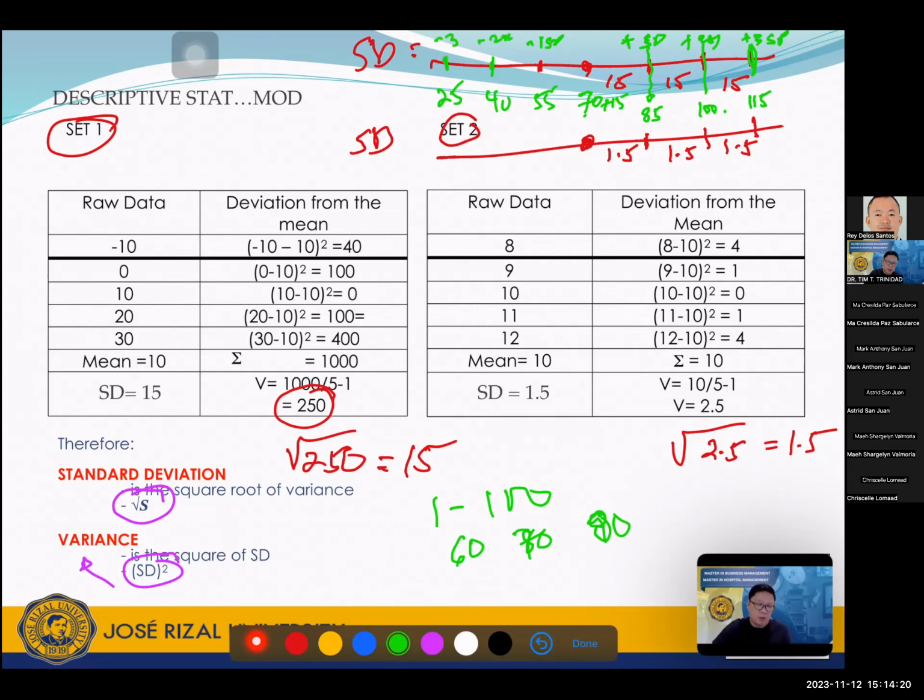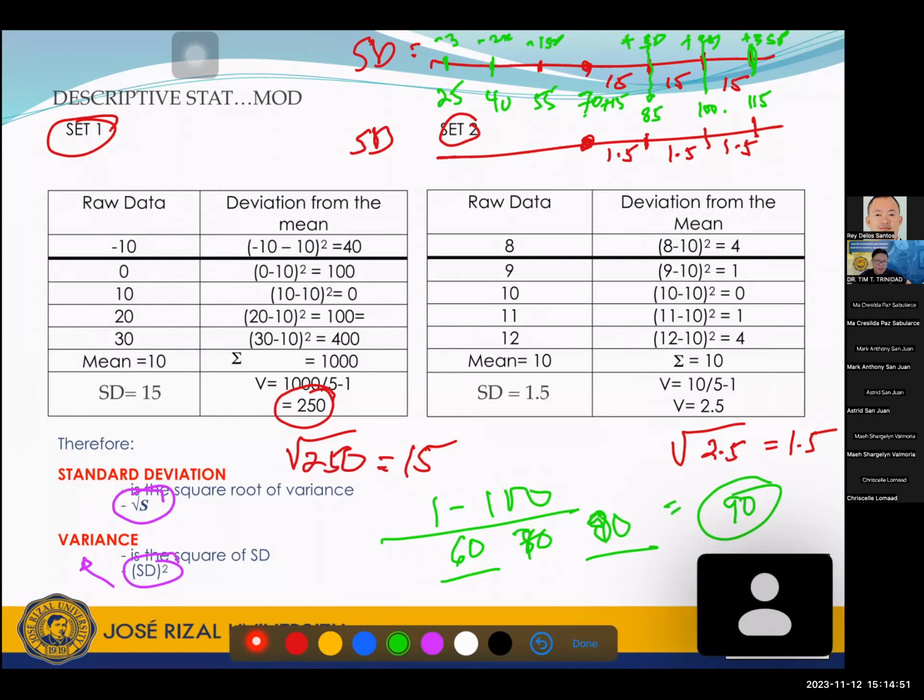So if I ask you, you took an exam of 1 to 100, the lowest is 60, the highest is 90. You got the score of 90. Okay. I will ask you, describe your location with that particular score from the mean.